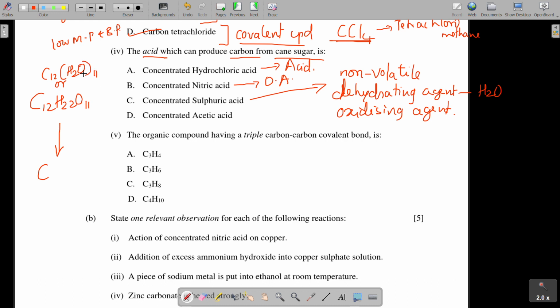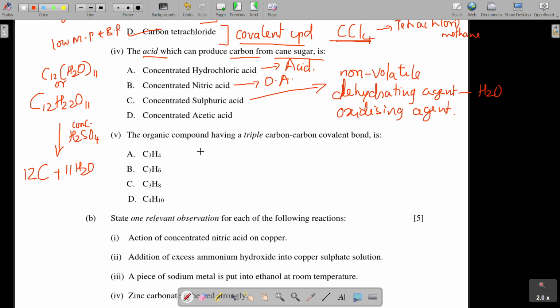H2O11 means it contains water molecules, and what are you going to add? A dehydrating agent. What is that? Sulfuric acid, concentrated, very important. The diluted one will not act as a dehydrating agent, remember. So it will take away water molecules, so you will get 12 carbon atoms and 11 water molecules which are absorbed by sulfuric acid. Okay, nice.